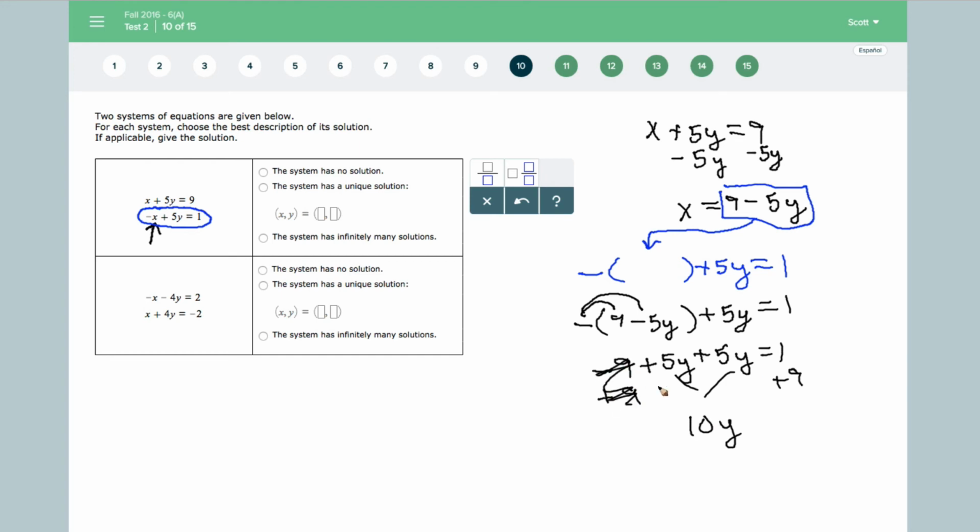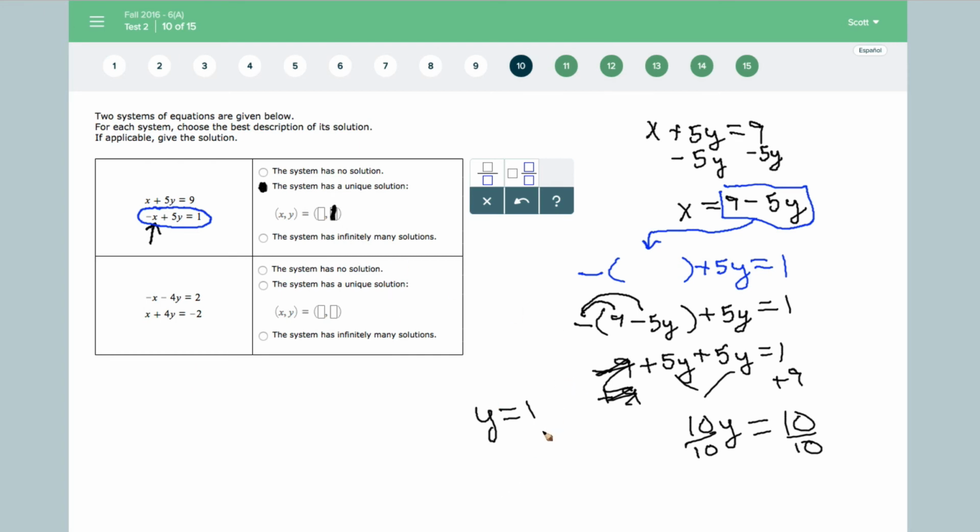The 9's cancel out, giving me equals 10. Divide by 10, divide by 10, y equals 1. Great. So I know I'm going to put a 1 right here. We know it has one solution, and that y is 1.